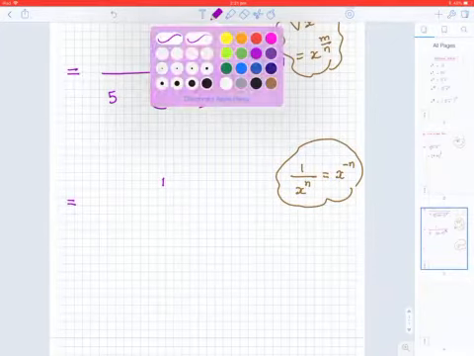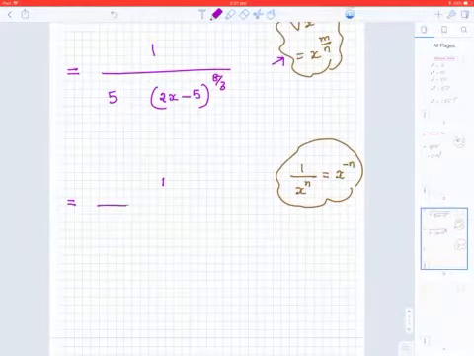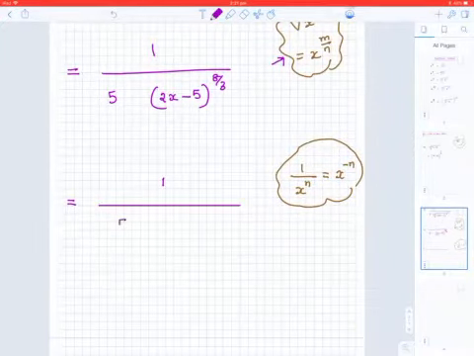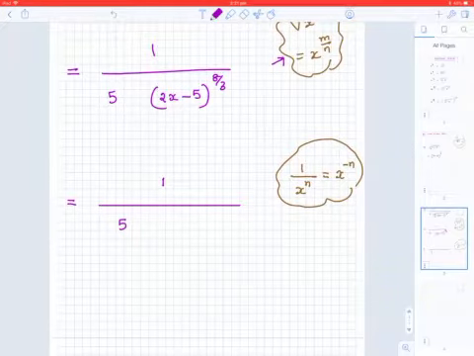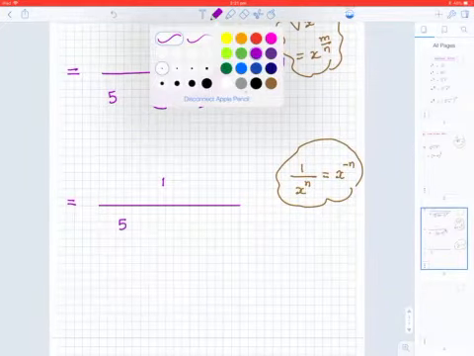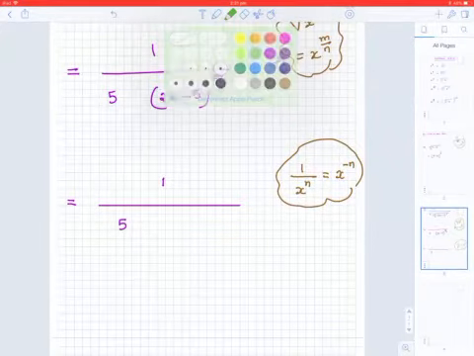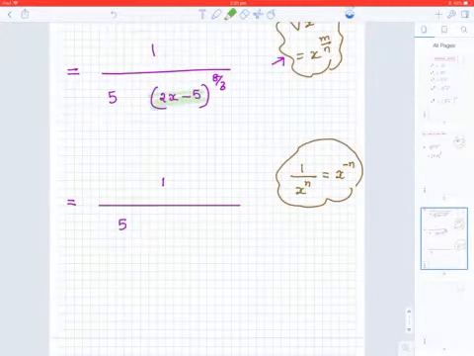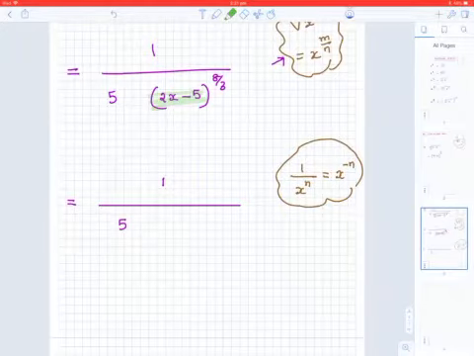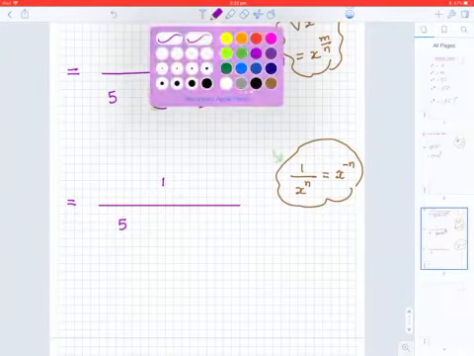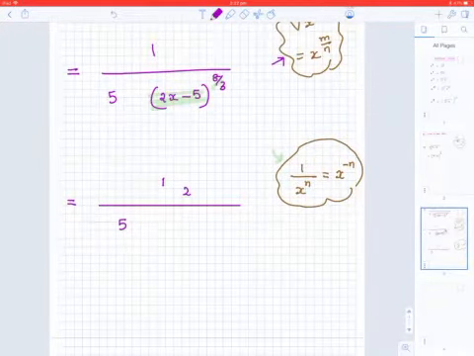When you look at the denominator, it has 5, but then this 2x minus 5 to the power 8 over 3, that has to go to the numerator.